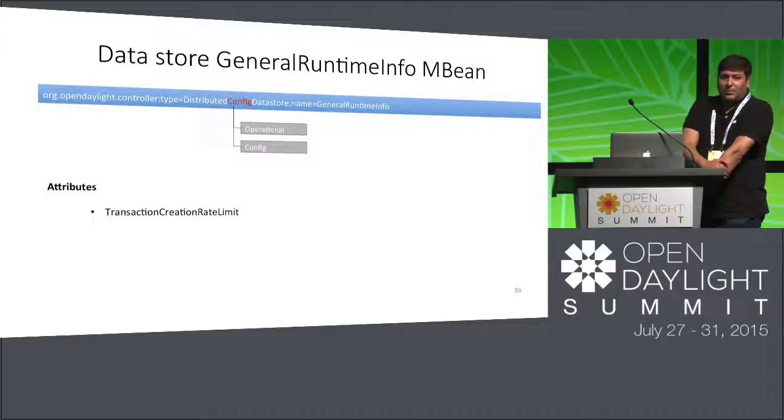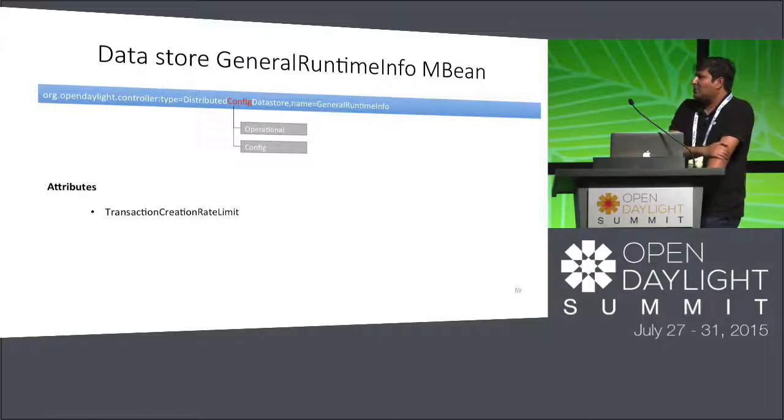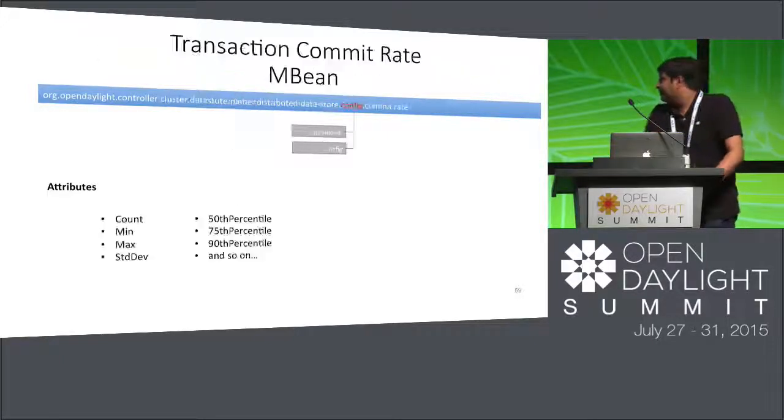It's a back pressure mechanism so that no client can overwhelm the data store. We also have operation limiting. That means you cannot do more operations than what the data store can handle before applying it to the state. But there's no way to monitor that.